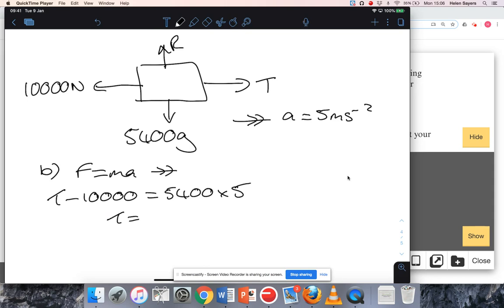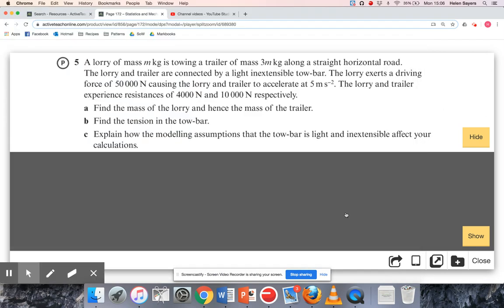So T is going to be 5,400 times 5 plus 10,000, so 37,000 newtons.